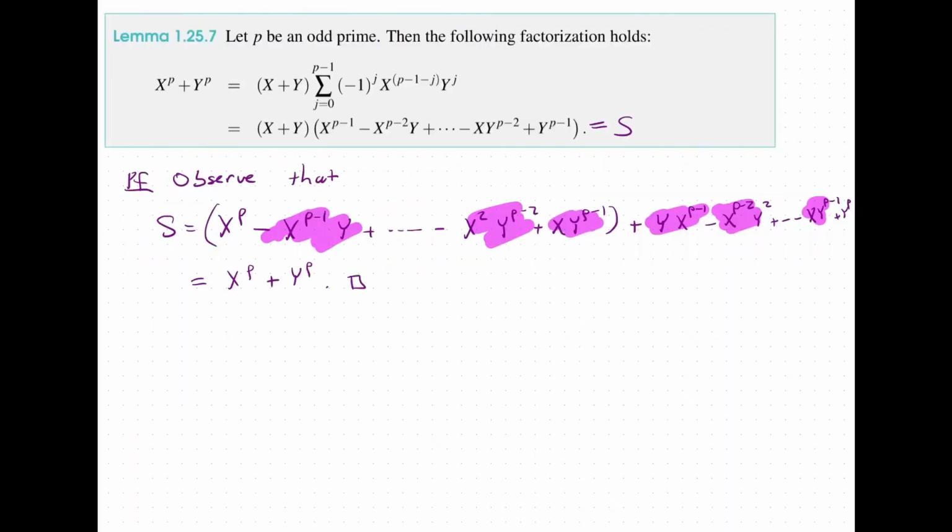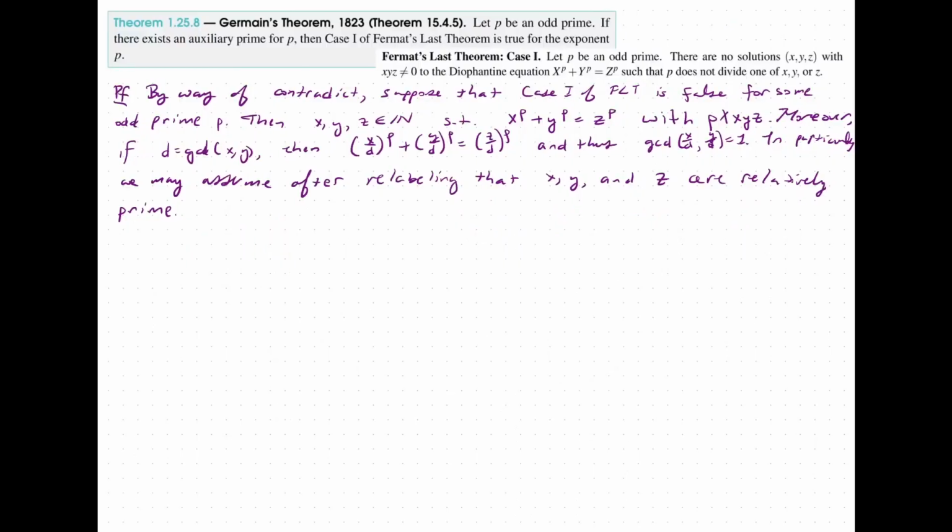Now we consider the previous lemma. And so by lemma 1.25.7, we end up getting the following factorization: z to the p, which is going to equal x to the p plus y to the p.